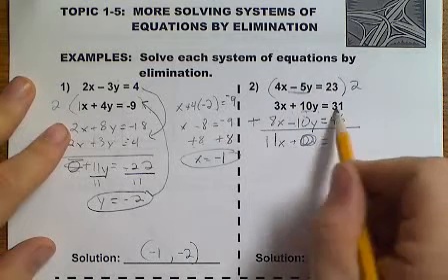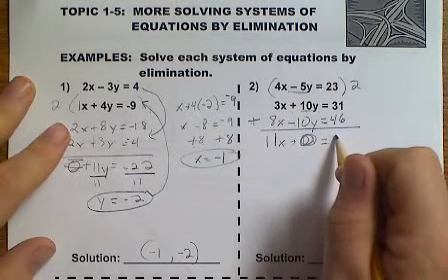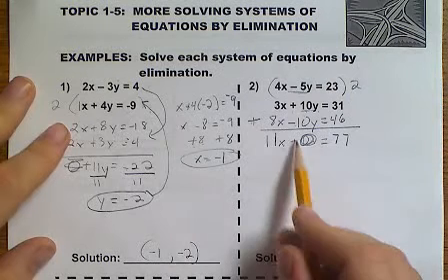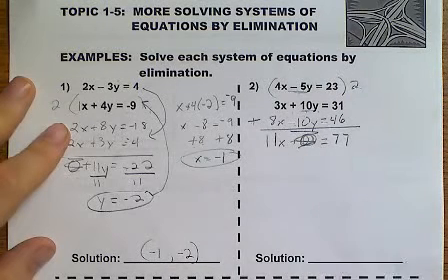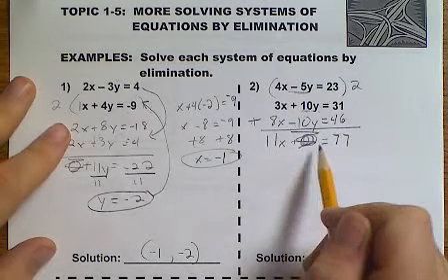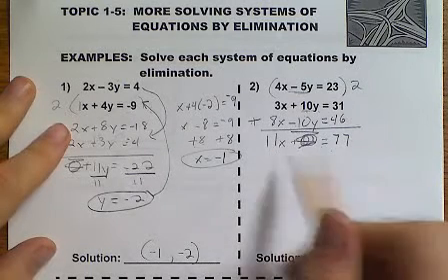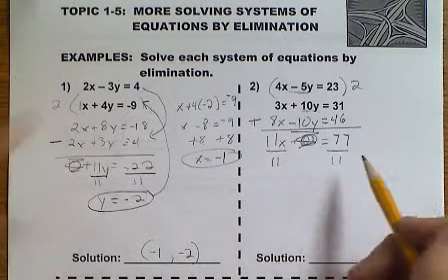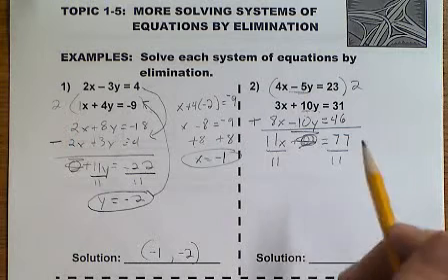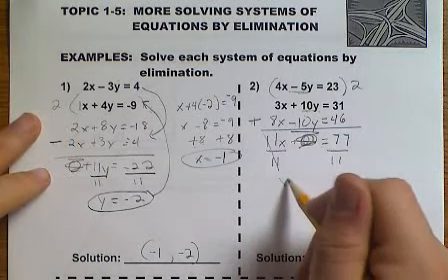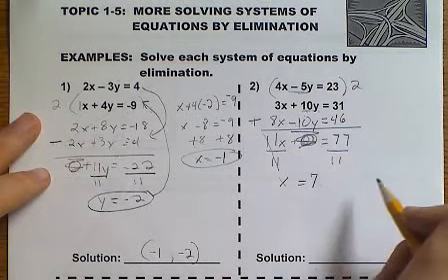And 31 plus 46 makes 77. The plus 0 doesn't matter. So we have 11x equals 77. To get rid of the 11, I divide both sides by 11. And I get that x equals 7.